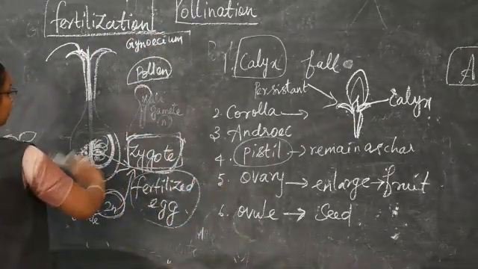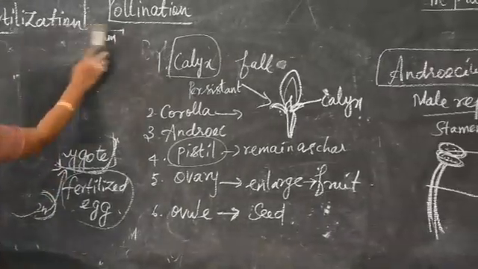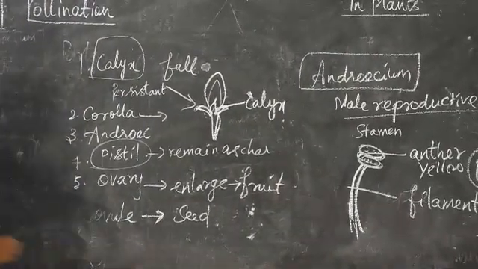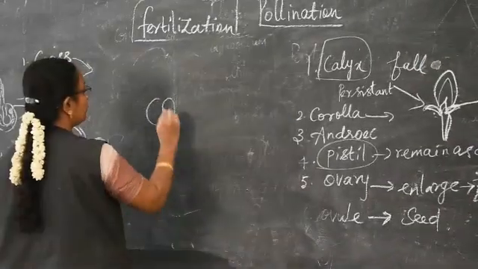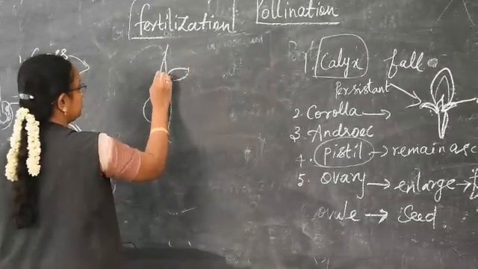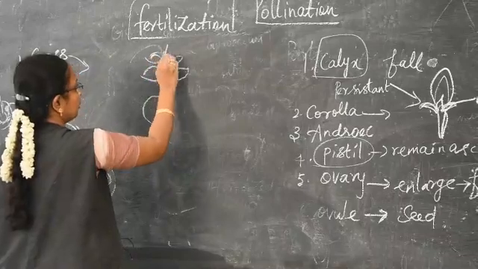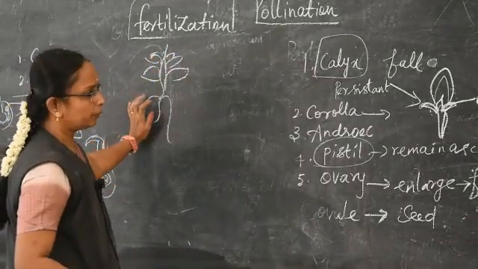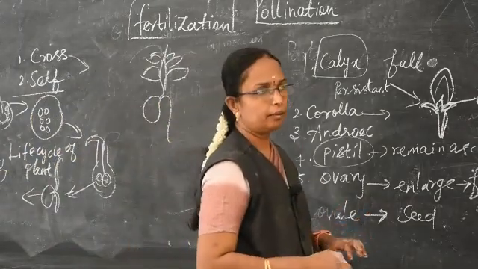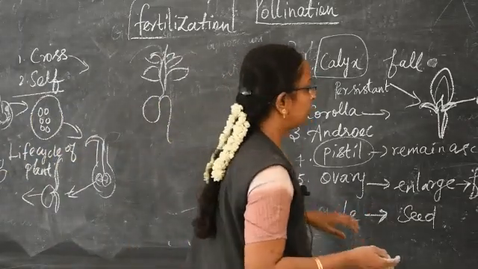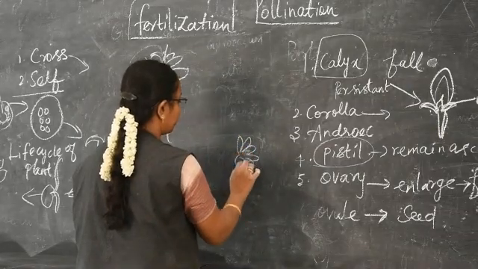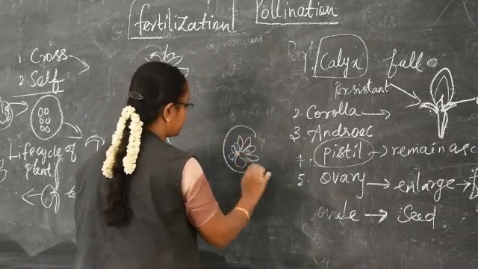Then after fertilization, the seed may develop into a new fruit. From the seed a new plant will be developed. When we talk about the custard apple, we can find many fruit-like structures inside that custard apple.